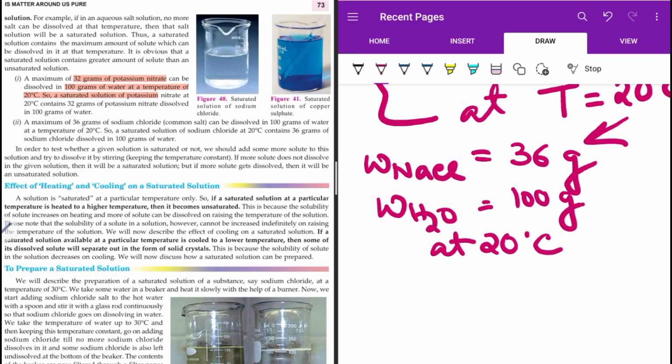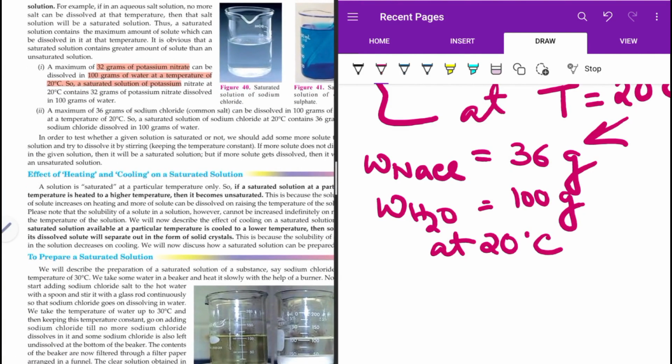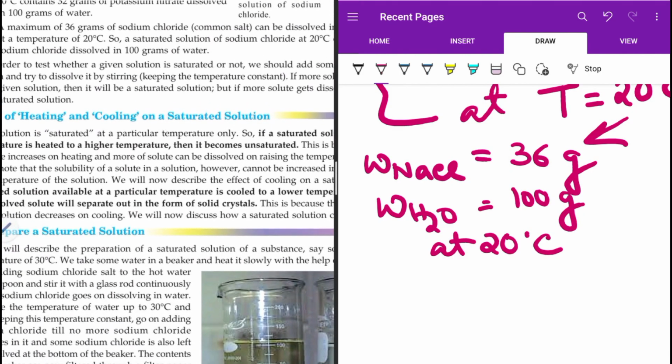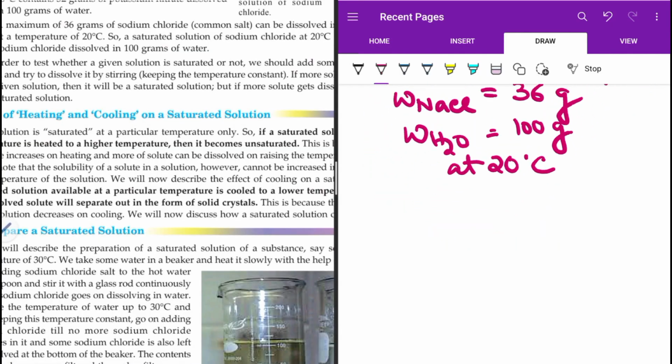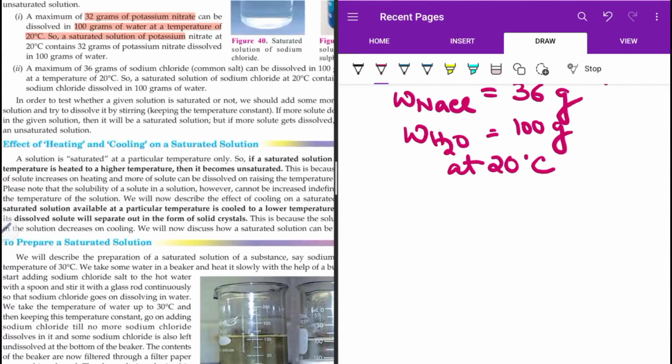Okay. So next, what is the effect of heating and cooling on a saturated solution? Suppose the maximum possible amount that a solvent can hold is already given, so the solution becomes saturated.